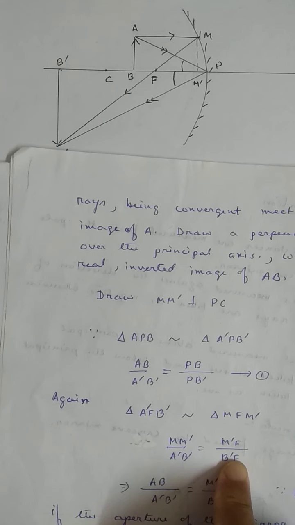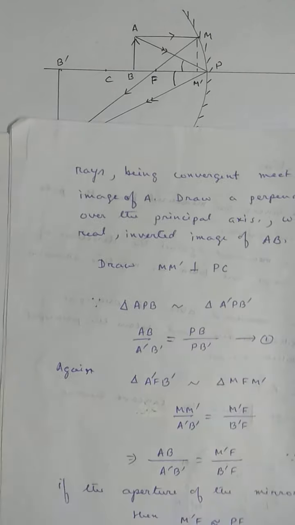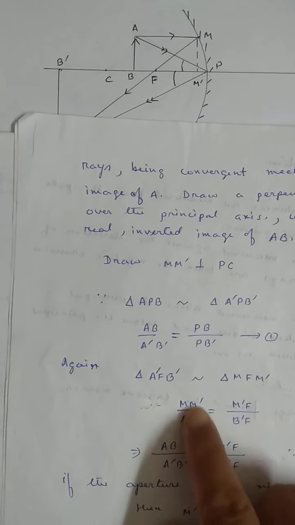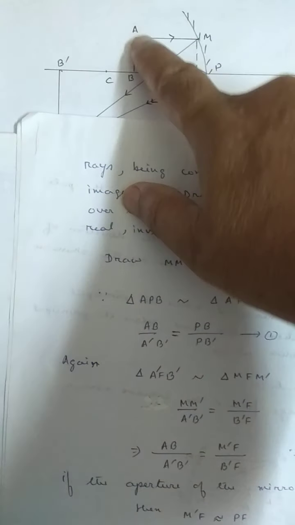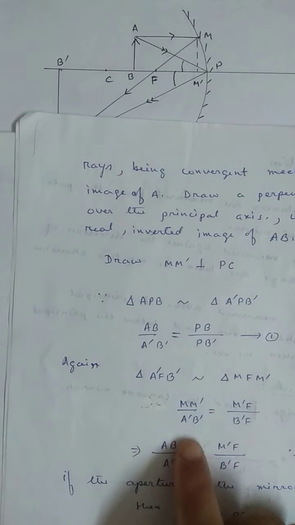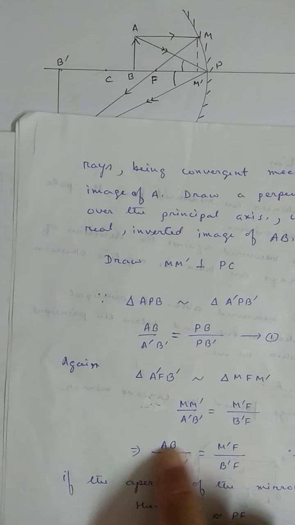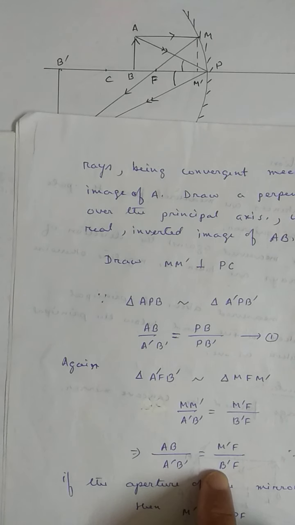Okay. Now, in the next step, what is MM'? MM' is equal to AB. MM' and AB are equal. Therefore, instead of MM', I have written AB. AB by A'B' is equal to FM' by FB'.